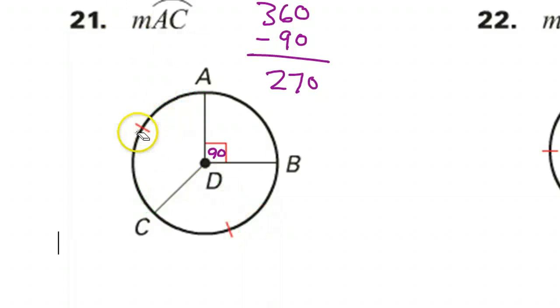Now, what do you think these little red marks mean? That's right. These marks mean that these two arcs are congruent. So they're the same. So if I have 270 degrees and I need to share them equally between two arcs, obviously I'm just going to divide by 2.